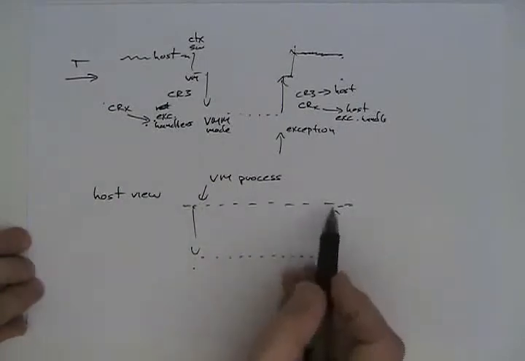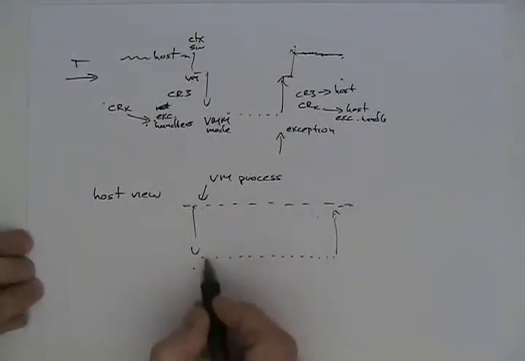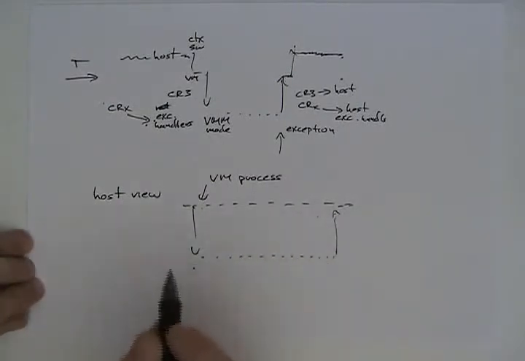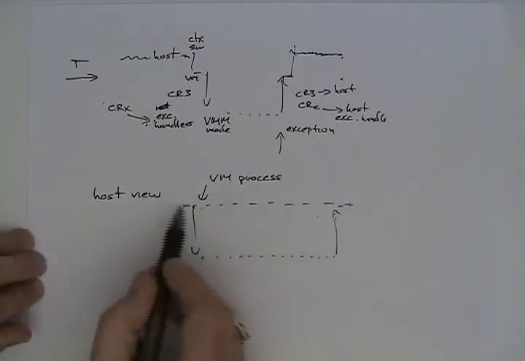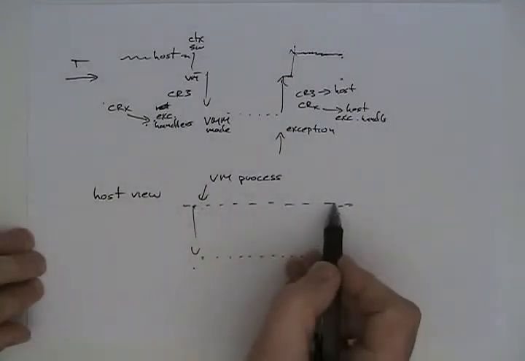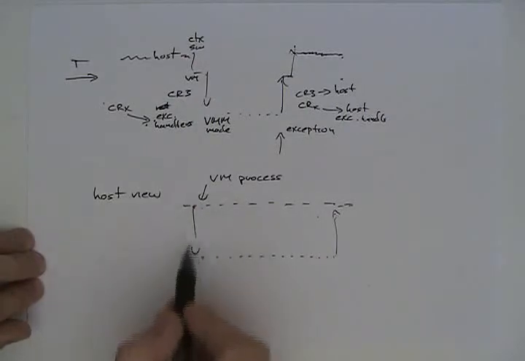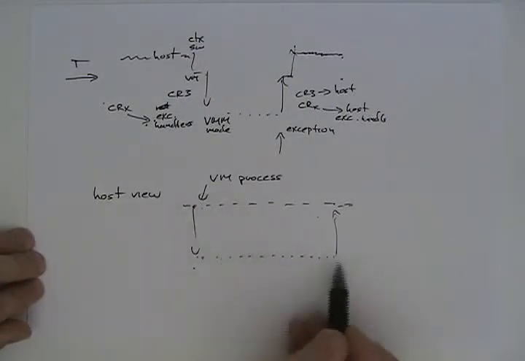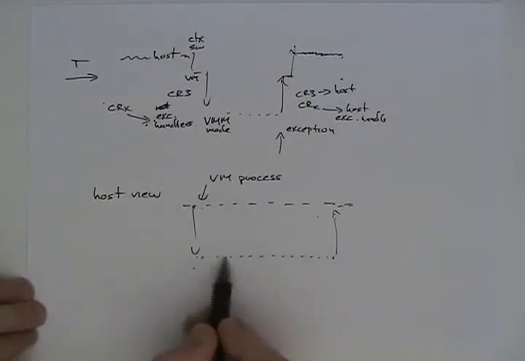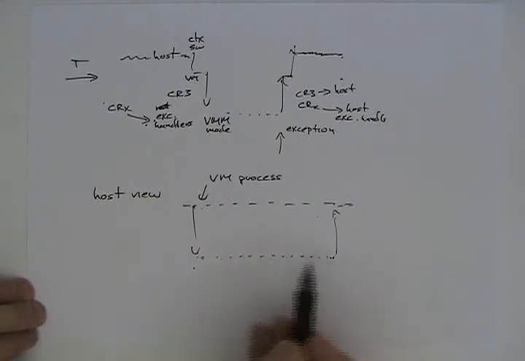And since the host OS isn't actually running during this period of time, normally it would have been directly executing a program. In this case, it's directly executing our virtual machine monitor and our guest OS.